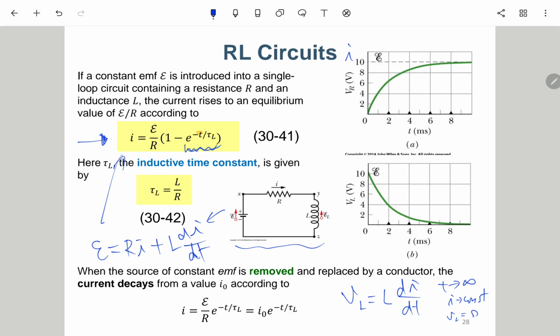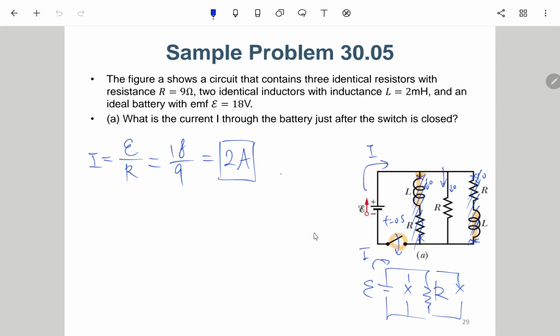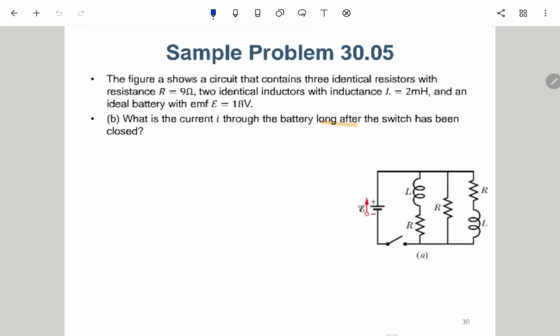This is easy to imagine because if the current is fixed, the B field generated by the inductor will be constant. So there won't be magnetic flux changing, and so there won't be any induced EMF. In that way, this inductor will have zero voltage across it.